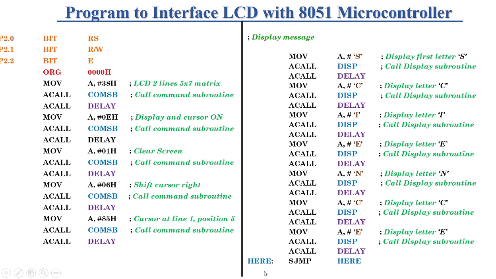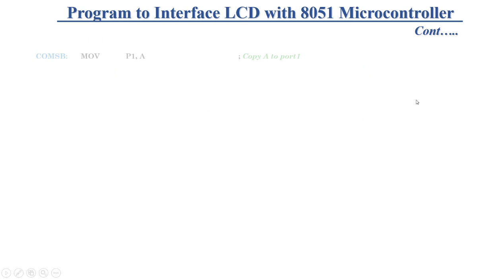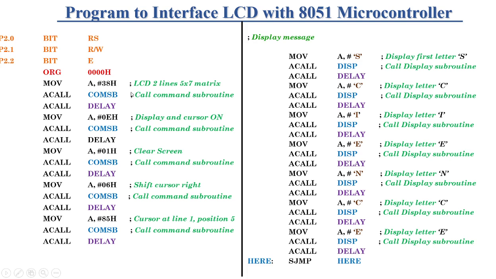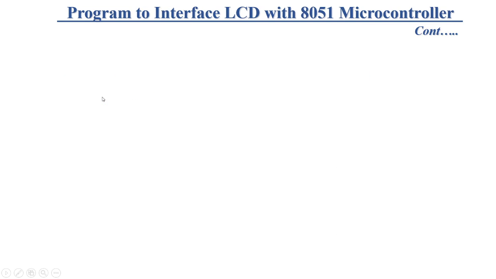Now let's see what these command subroutine and display subroutine are. Here the command subroutine is given. When this subroutine is called, it will jump to this location, COMSB, the command subroutine location, where whatever value we have loaded into the accumulator will be given to port 1, and port 1 is connected to the data pins of the LCD.